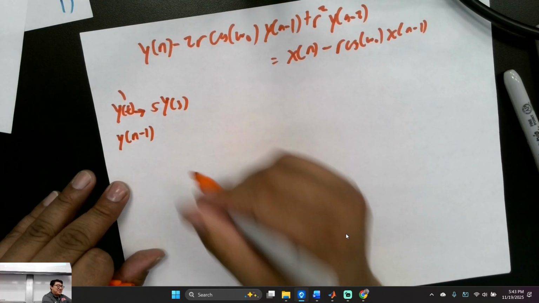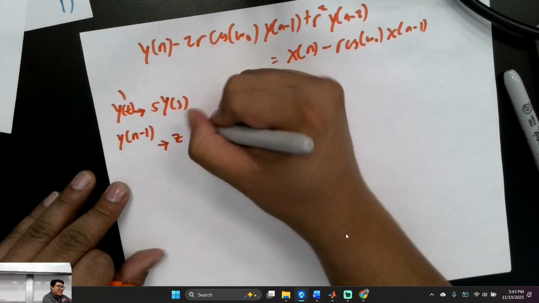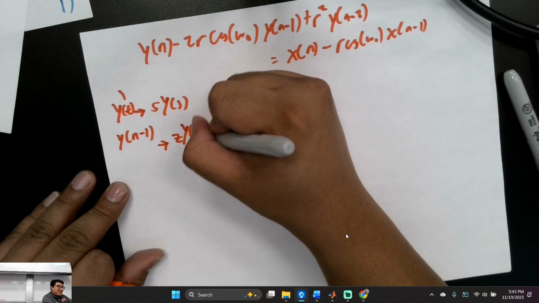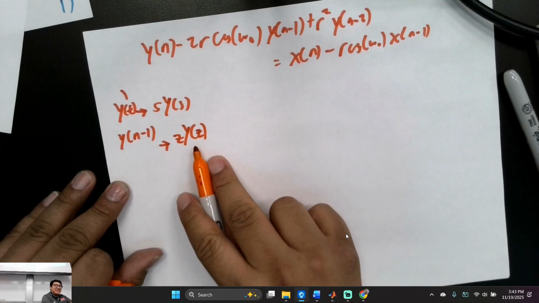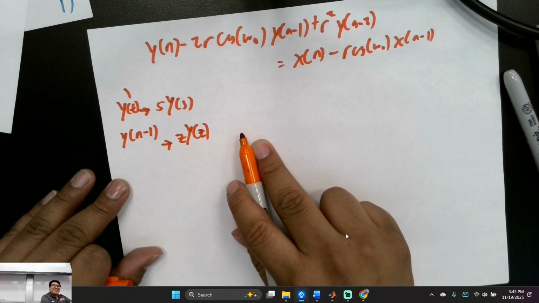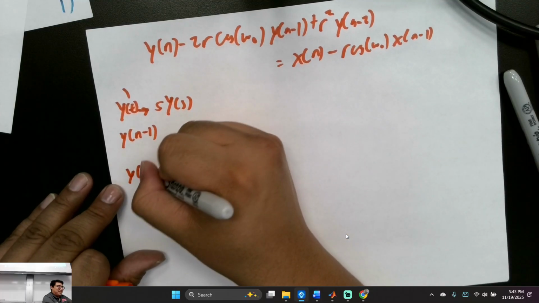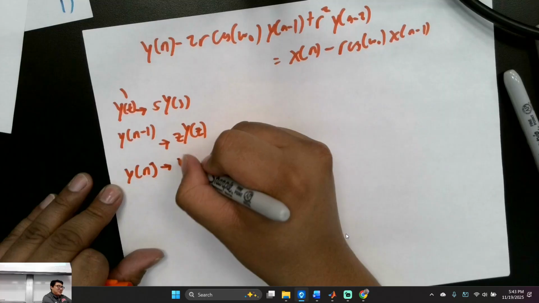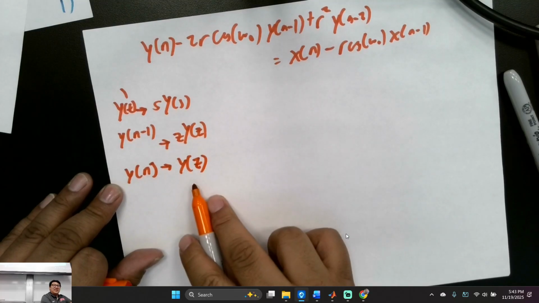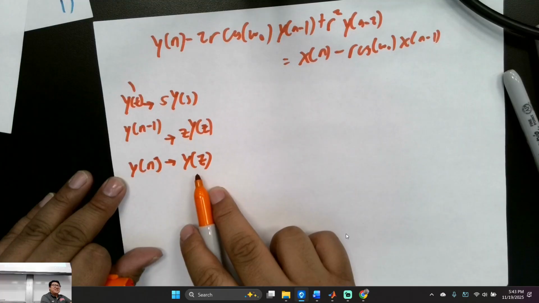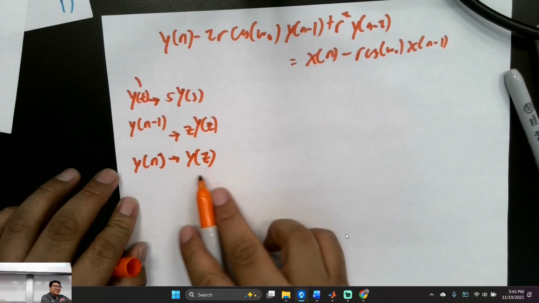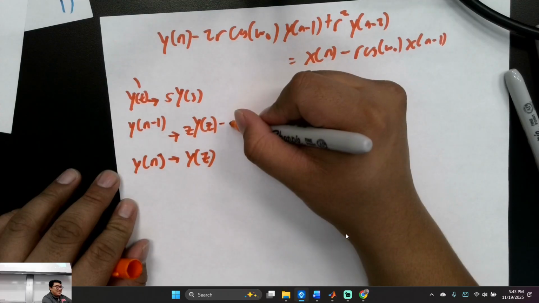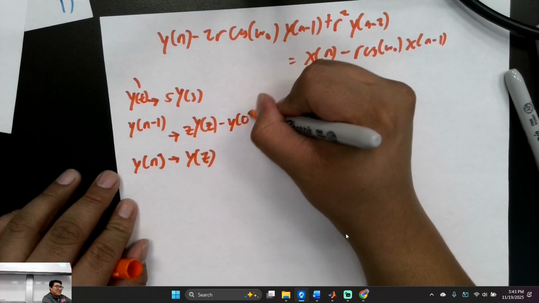It's going to be the same darn thing. And for completion, y(n) turns into Y(z). Is that making sense? It's all the same things, and then there's an initial condition, minus y of 0 over there.